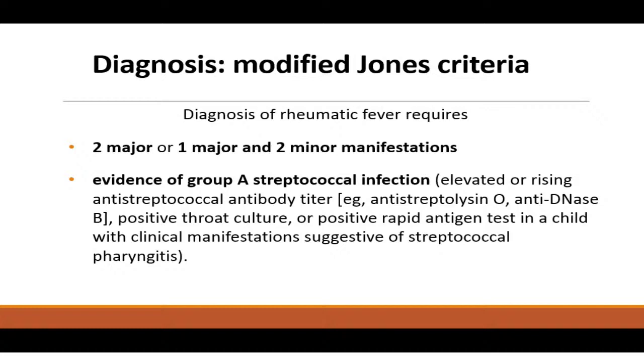Rising anti-streptococcal antibody titer, anti-streptolysin O, anti-DNase B, positive throat culture, or positive rapid antigen test in children with clinical manifestation of previous streptococcal pharyngitis. So if you see a patient with two major or one major and two minor criteria plus evidence of group A streptococcal infection, you may make this diagnosis.